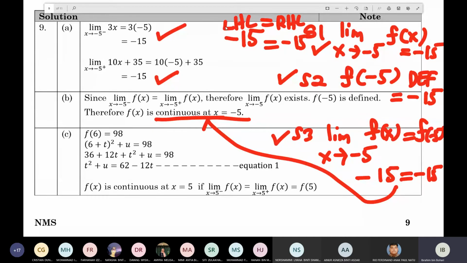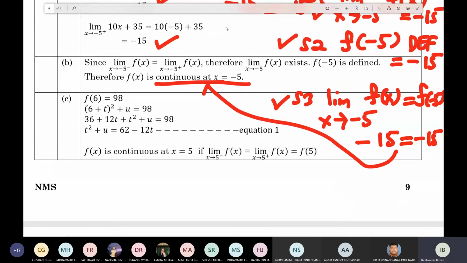Okay. Question C. Question C, cek jawapan. Question C ni hampir sama dengan yang tadi ya. Cek jawapan you. Find the value of T and find the value of U. f(6) here equals 98. Okay, check answer you. First equation.